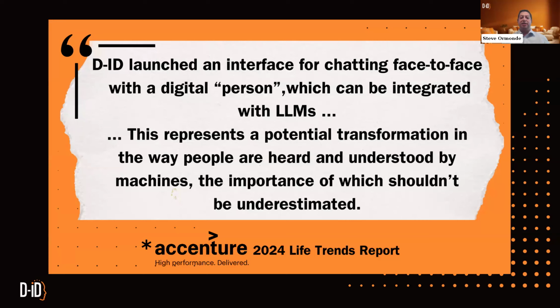And just to emphasize, this is from Accenture 2024 Life Trends, which pointed out DID specifically as a way to have this new interface with the LLMs, to have this digital human. Just to give an example of this, whilst I've been speaking, people have been able to see my face on the screen. If I turn off my camera here, you'll see that automatically you're less engaged with what I'm saying.